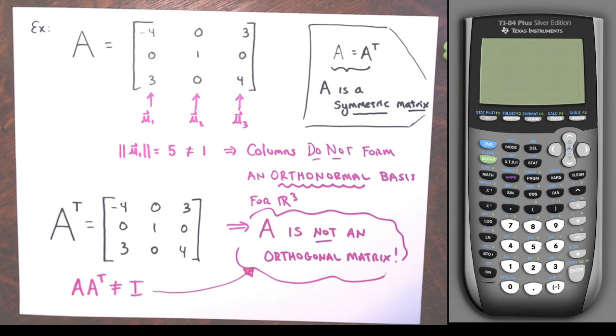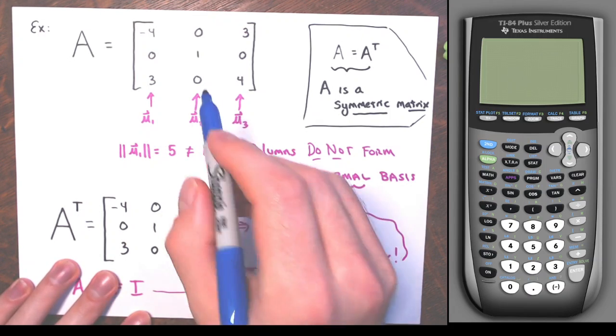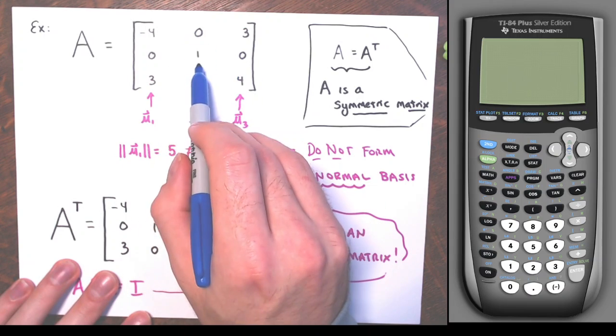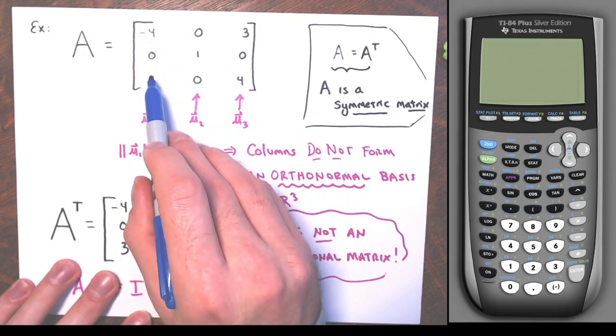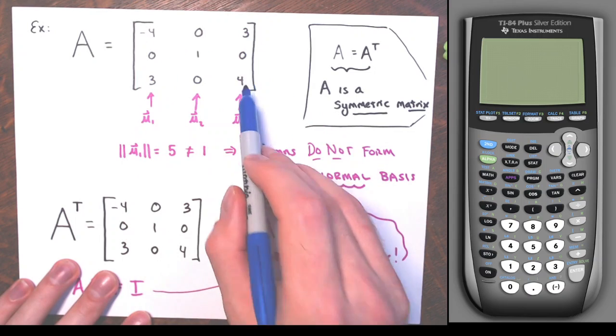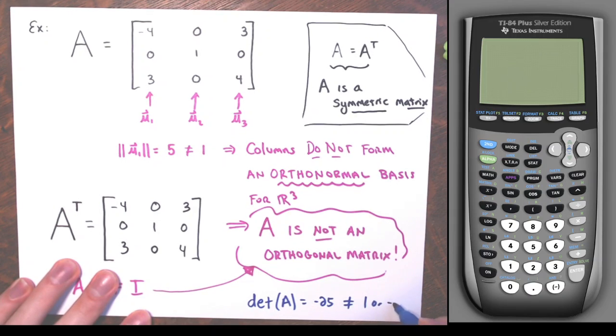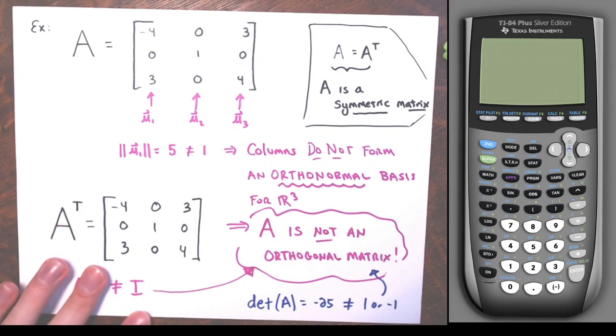And if you want to verify this for yourself, all you do is a simple cofactor expansion down the second row or the second column. It would just be 1 times the determinant of the matrix with negative 4, 3, and 3, 4 as columns. The determinant of A is negative 25, which is not 1 or negative 1. So again, I can conclude that A must not be an orthogonal matrix.